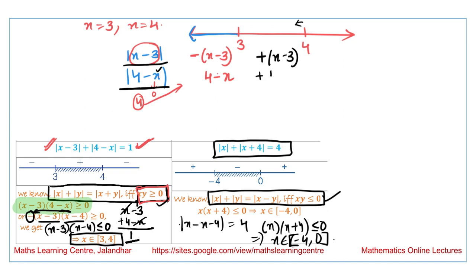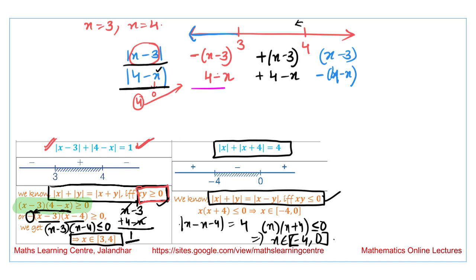We are getting plus 4 minus x. For the next region, mod of x minus 3 will be x minus 3, and this term will be minus of 4 minus x.